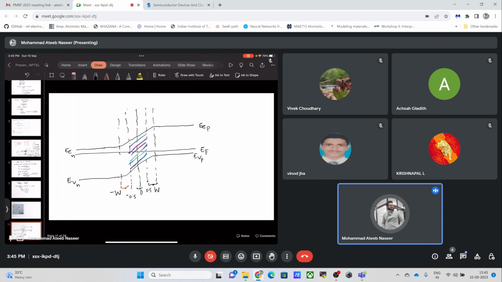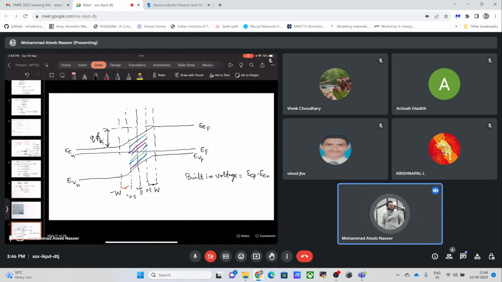If I draw this, it would simply be the difference in the conduction band edges. Now it would simply mean this built-in voltage is equal to ECP minus ECN.